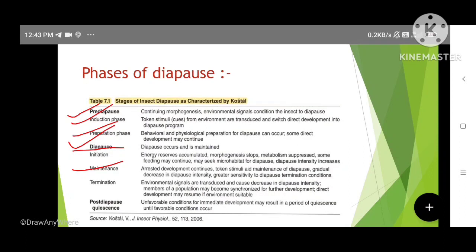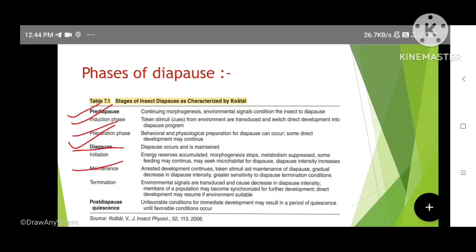Beyond the obvious changes in activity and repressed metabolism, few changes can be measured in diapausing insects. Relatively little is known about the internal physiology and biochemistry of diapausing insects. Token stimuli aid maintenance of diapause, followed by a gradual decrease in diapause intensity.